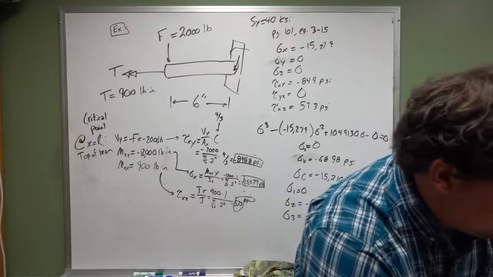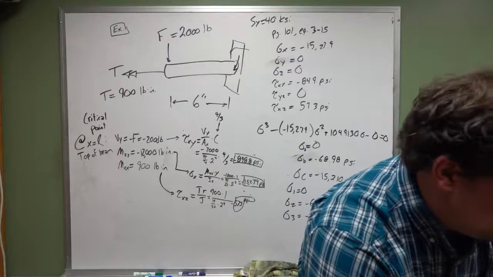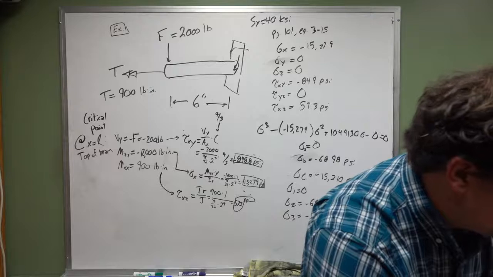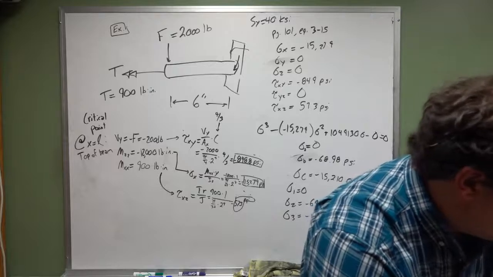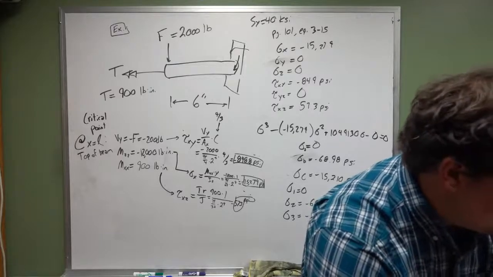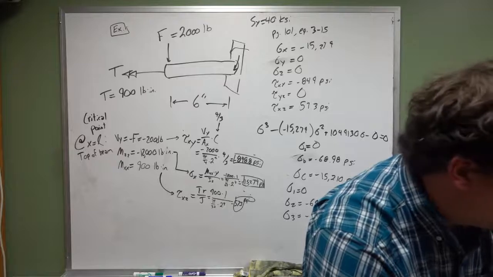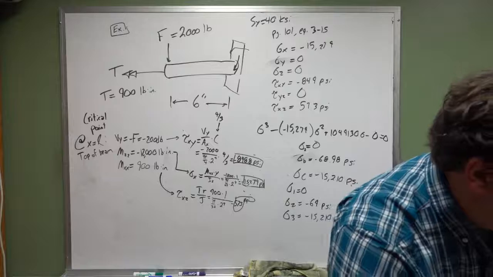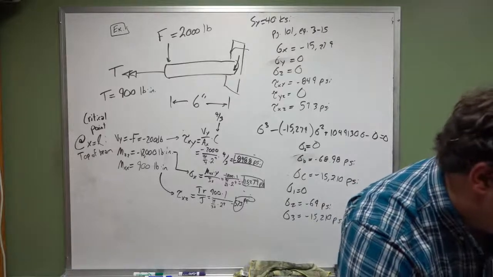Now what we do is we apply our failure theories. I'm going to go ahead and use von Mises stress because I feel like von Mises stress is something that you're going to be working a lot with through SolidWorks. So it's kind of important for you to know von Mises stress.